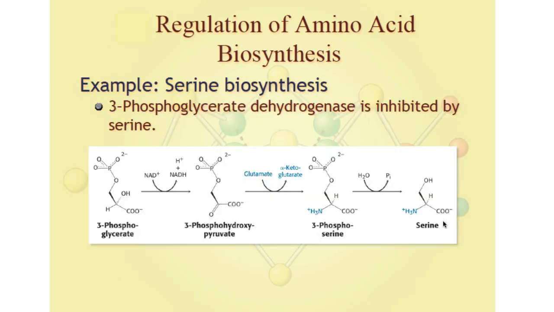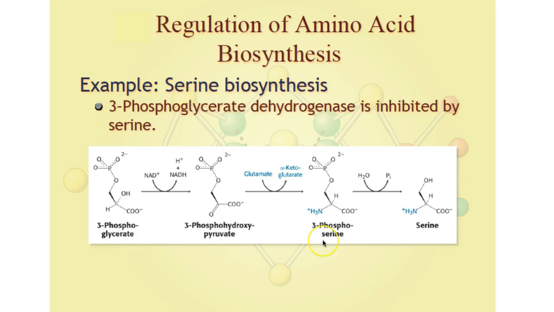And so an example of feedback inhibition is serine biosynthesis. Serine is the final product, and it inhibits the enzyme called 3-phosphoglycerate dehydrogenase, which is the enzyme that converts 3-phosphoglycerate into serine.